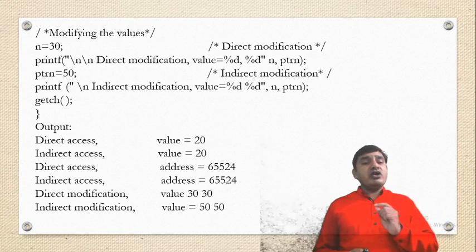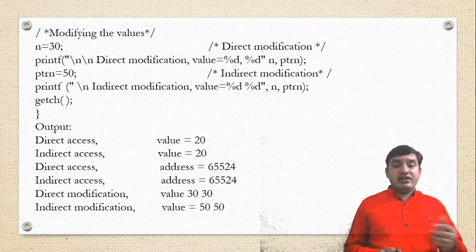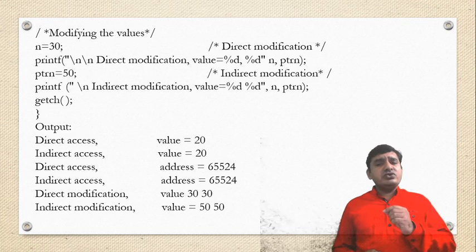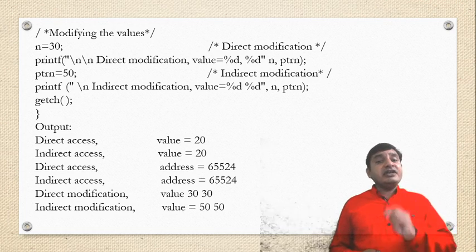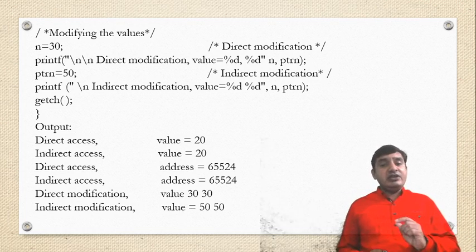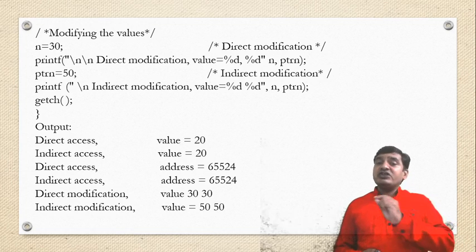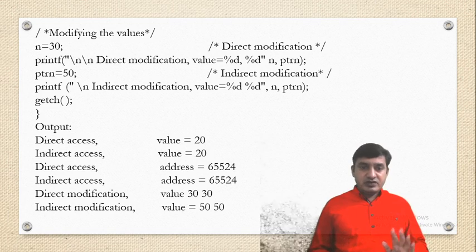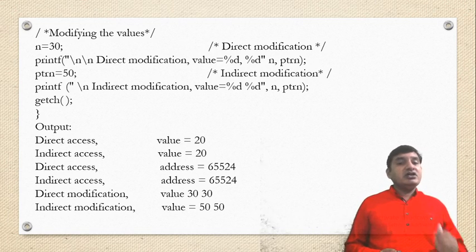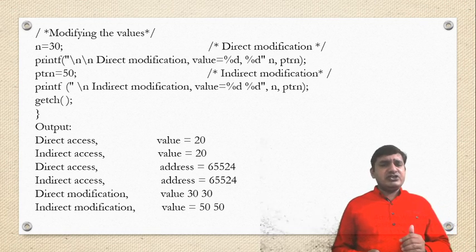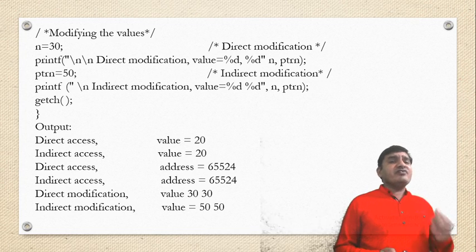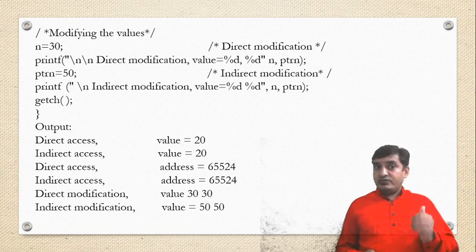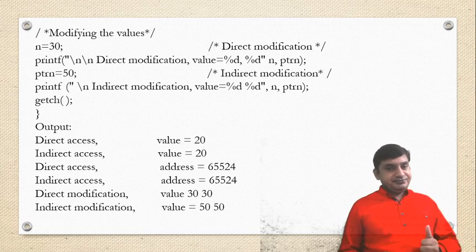Now we have to modify the value of n, and for that we consider n is equal to 30. Direct modification value is equal to %d, so 30 is displayed, and again %d, 30 is displayed. Indirect modification: in indirect modification, we change the value through the pointer. Pointer is equal to 50.